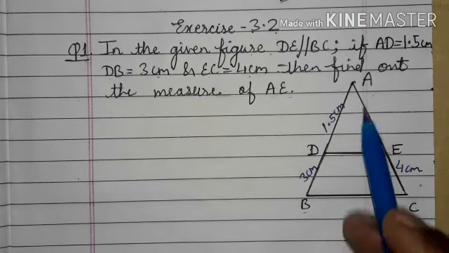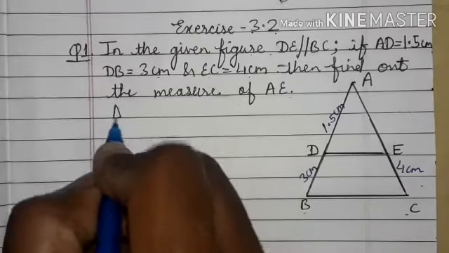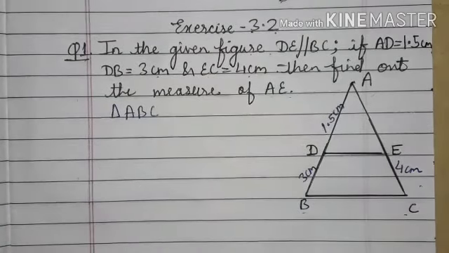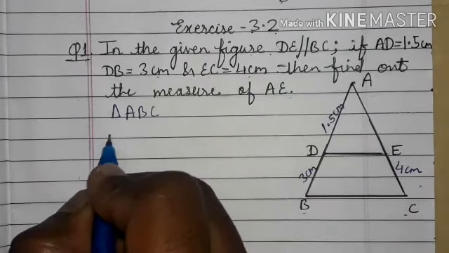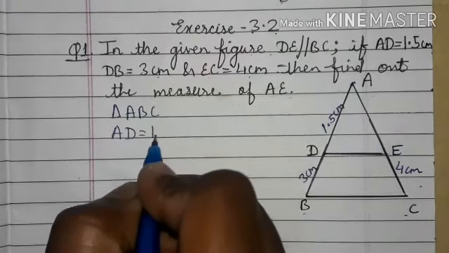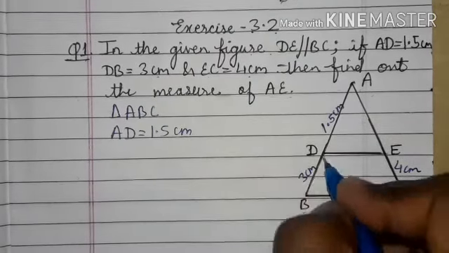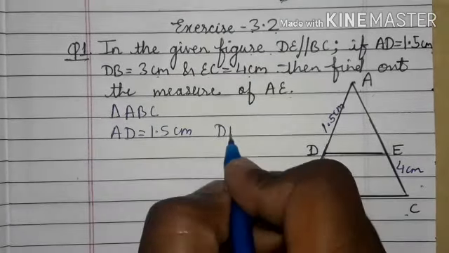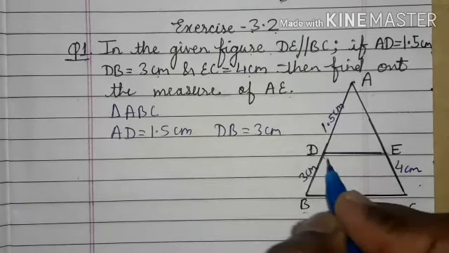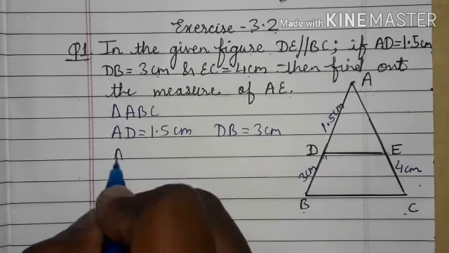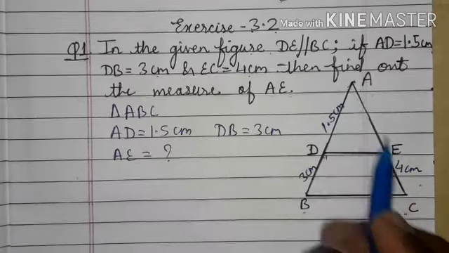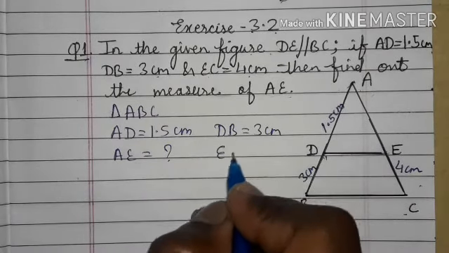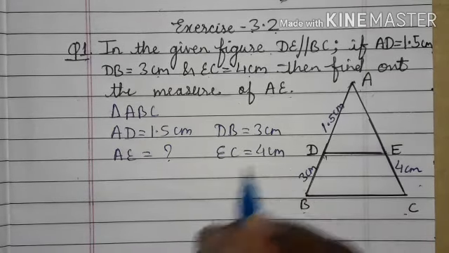ABC is a triangle, where AD is equal to 1.5 cm and DB is equal to 3 cm. We have to find AE, and EC is equal to 4 cm.